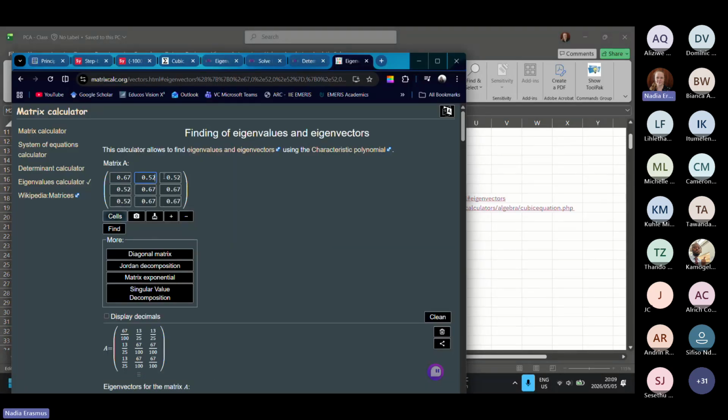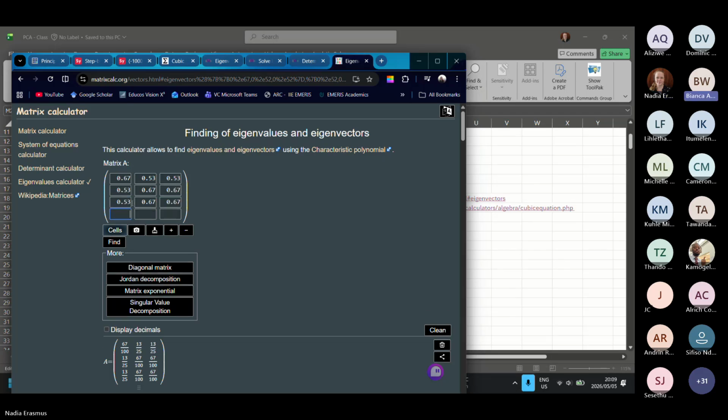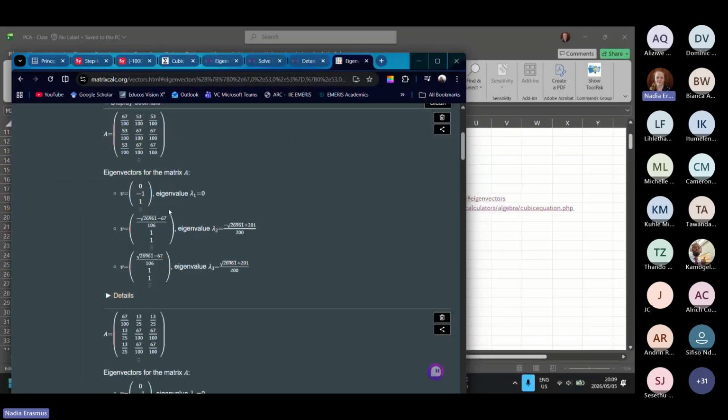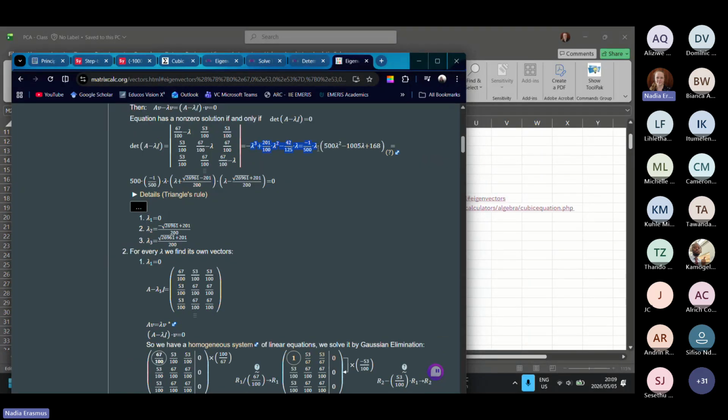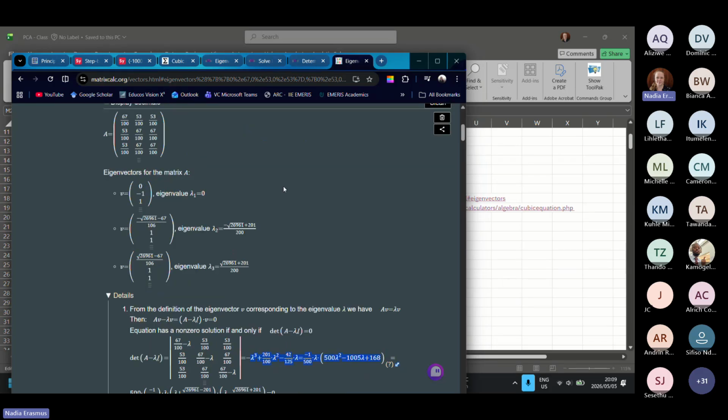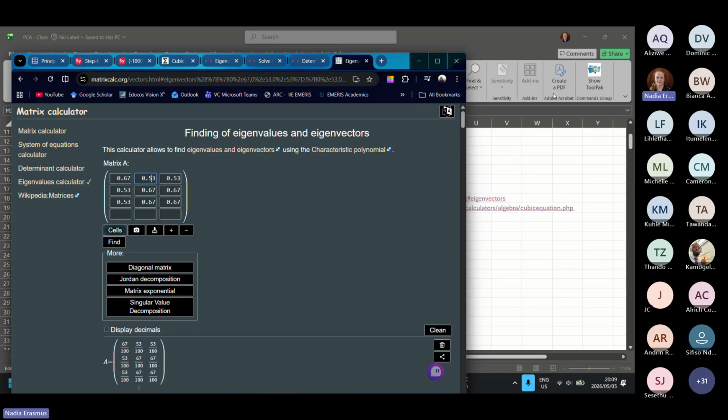Just make sure of that. Because if it's 0.53, it will have a different answer. Yeah, I use 0.53. Yeah, then it will have a different answer. So if you had 0.53, then yes, it did have a different answer. Okay, so it was 0.52, not 0.53.